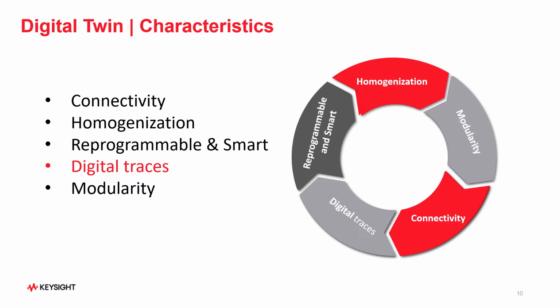For example, if there's a machine or a product which malfunctions, they need to go back and check the traces of the digital twin to diagnose where the problem occurred. It's kind of a back annotation of sorts. This diagnosis can in the future also be used by the manufacturer of these products or machines to improve their design, so that the same malfunctions will occur less often in the future.